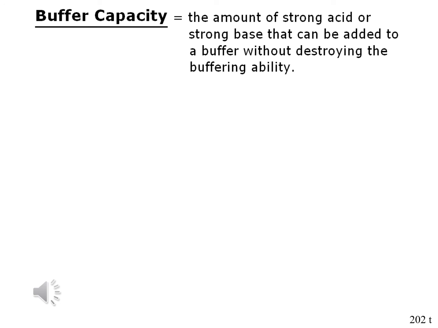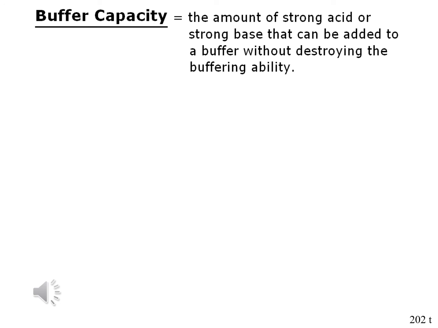The way to define capacity is normally pretty easy. If you want to determine the capacity of a glass for liquid, you just fill it with water all the way to the top and measure the amount of water. That's the capacity. The thing about a buffer is there's no absolute cutoff.